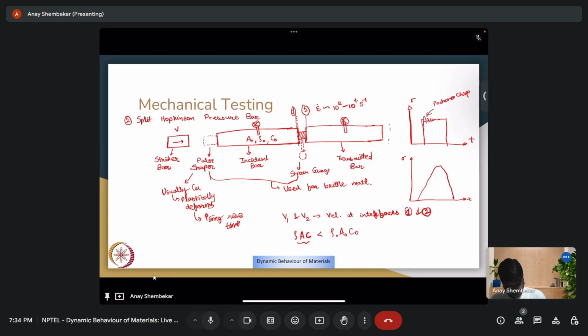This is the specimen. This refers to the incident and transmitted bar. So you have greater impedance there, so the same stress would lead to smaller velocity values.